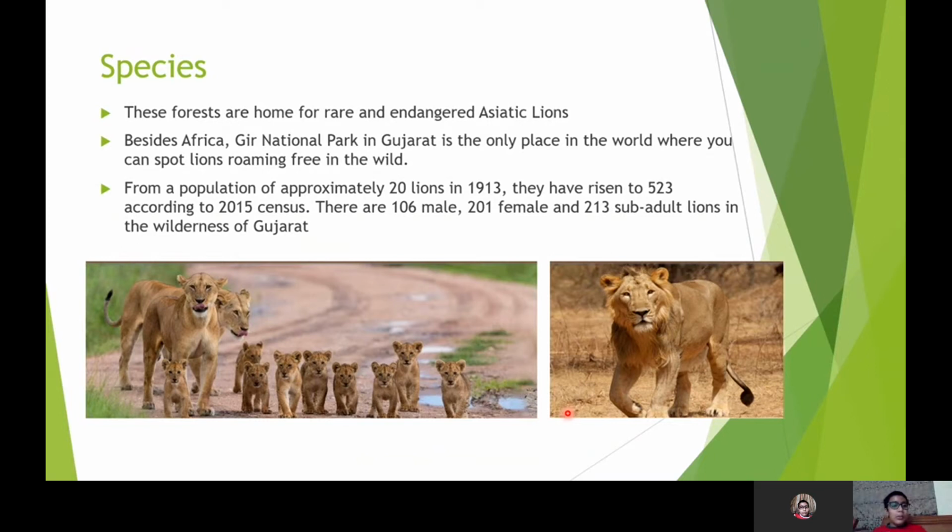The population was approximately 20 lions in 1913. They have risen to 523 according to the 2015 census. There are 106 males, 201 females, and 213 sub-adults.